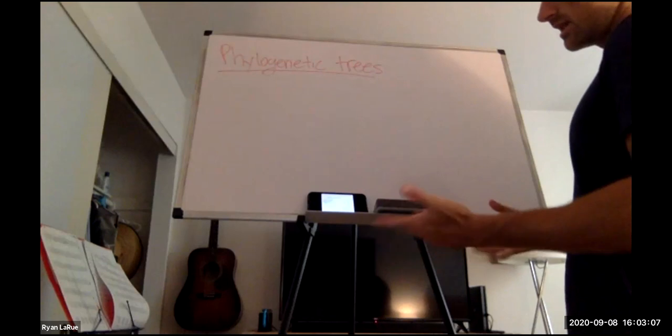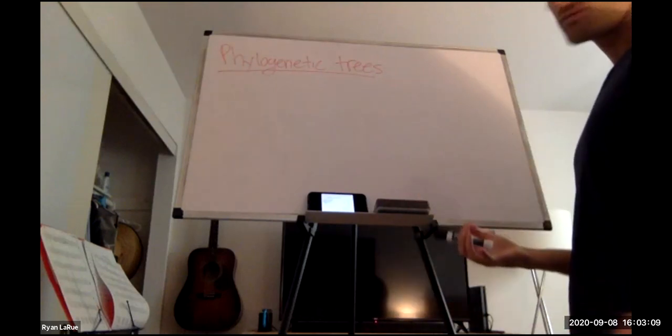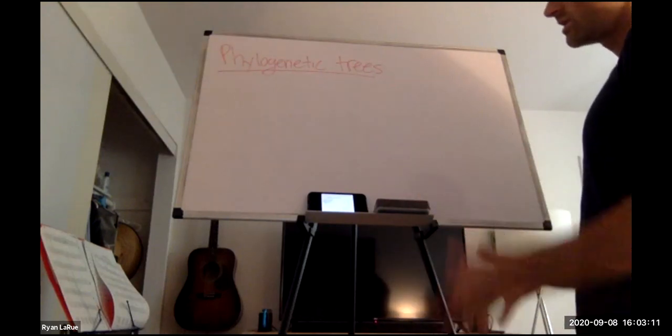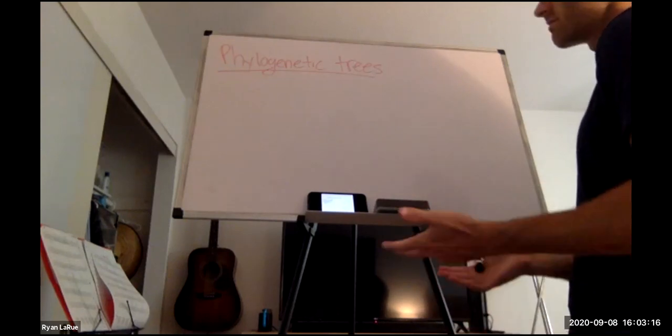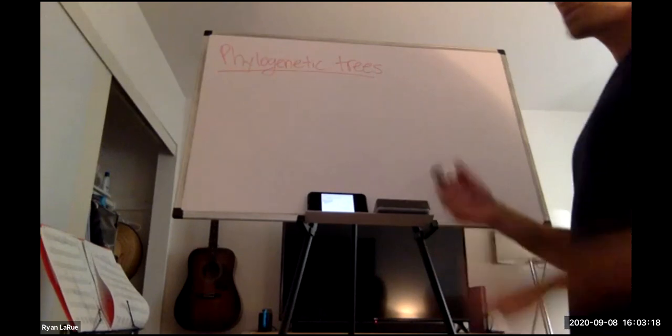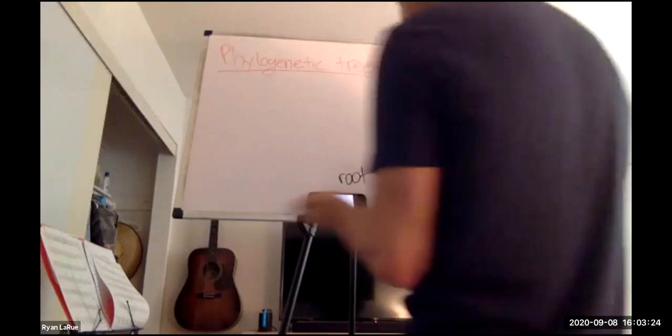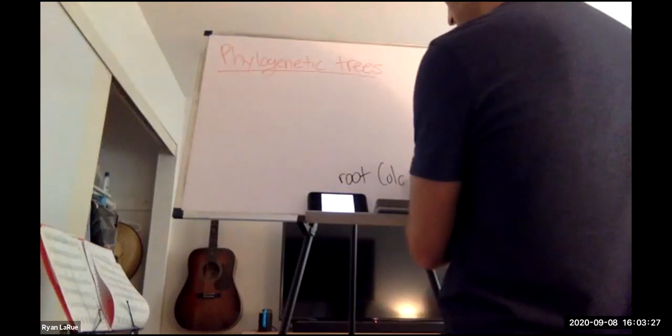So if we're doing the tree of life, so just the entire tree, I suppose, we'll start with the root of the tree. So this would mean the oldest ancestor.